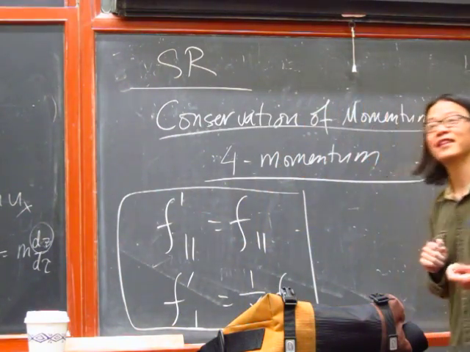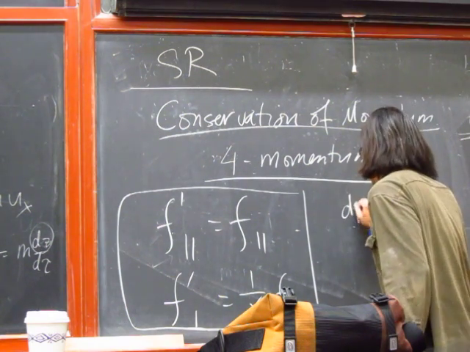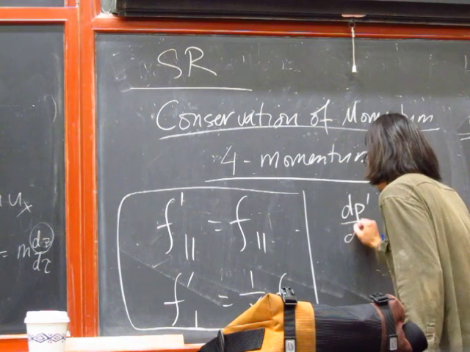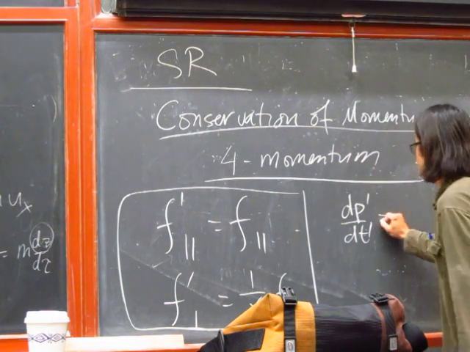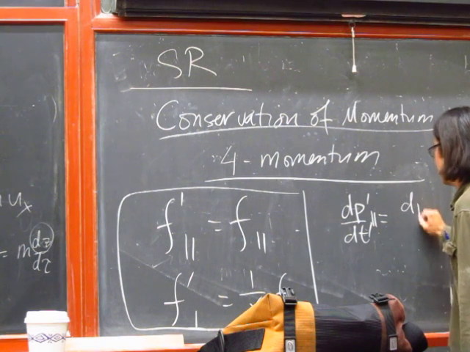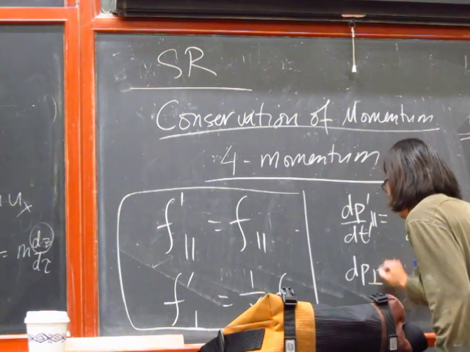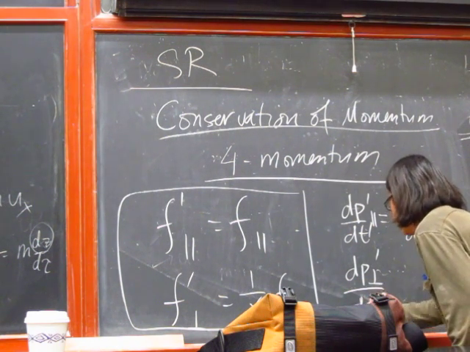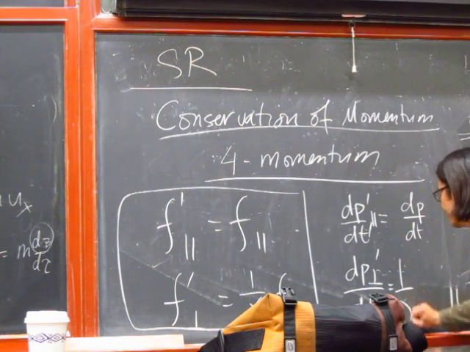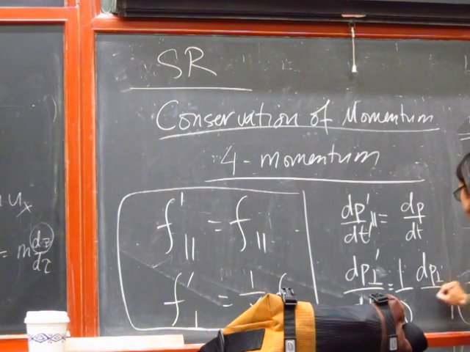To be more specific, dp prime dt prime in the parallel direction is equal to dp dt, and then dp perpendicular prime dt prime is equal to 1 over gamma dp dt perpendicular.